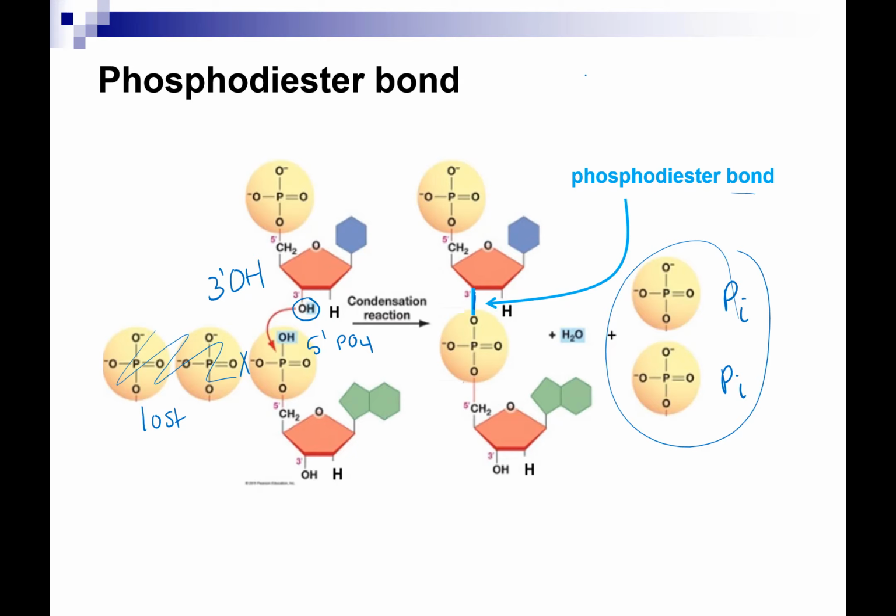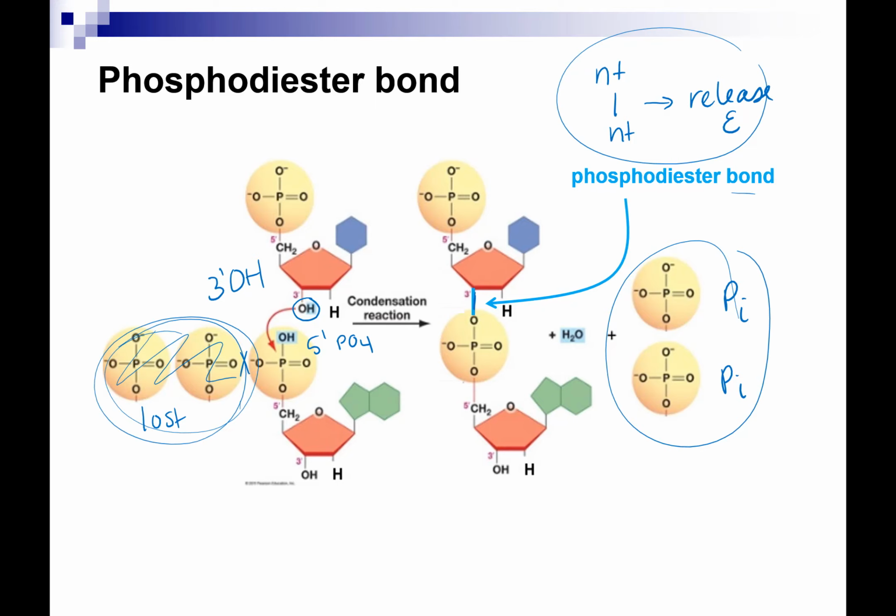So in fact, when you take one nucleotide and hook it to another nucleotide, you actually release energy because they already have their own. So this is the one that kind of hurts your brain because it's anabolic and it requires energy, but they have high energy bonds, and so these molecules do not need extra energy added.